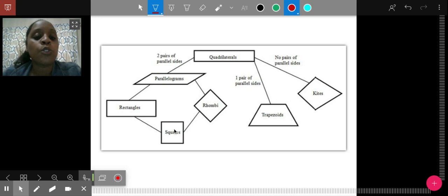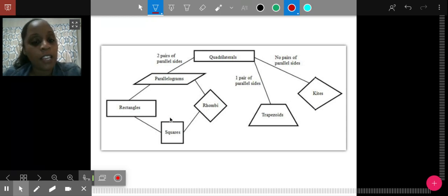Now, squares, right? A square can be called a rectangle, a square can be called a rhombus, and a square can be called a parallelogram because a square has all the characteristics of a rhombus. All sides are equal and two pairs of parallel sides.